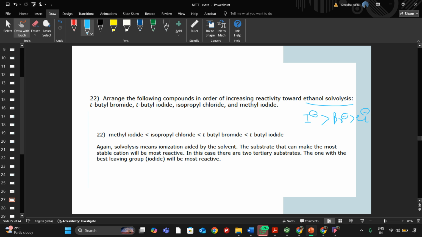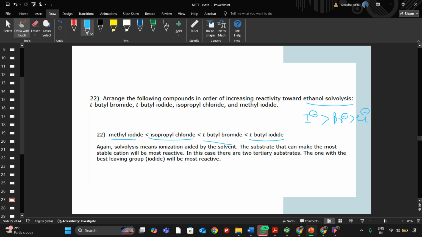Now we will combine these two concepts, the leaving group ability as well as the more stable carbocation formation, and that way the tertiary butyl iodide will be the most reactive, followed by tertiary butyl bromide, then isopropyl chloride and then methyl iodide.